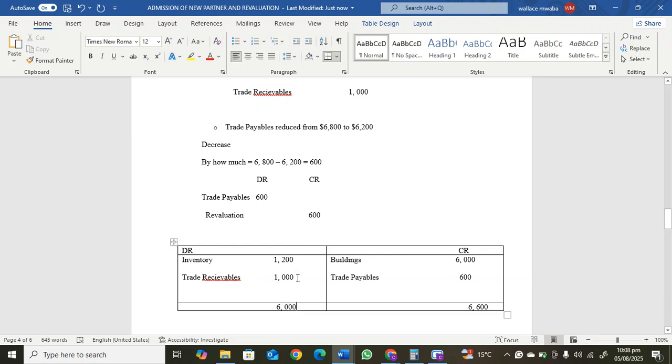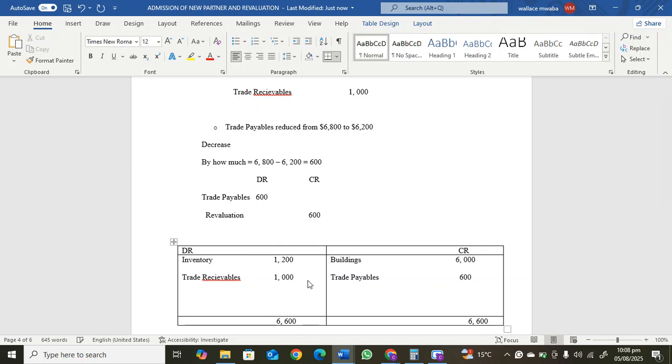All right. So you're not going to put balance carried down here. What you're going to do is this difference here, you put a revaluation surplus on the debit side.